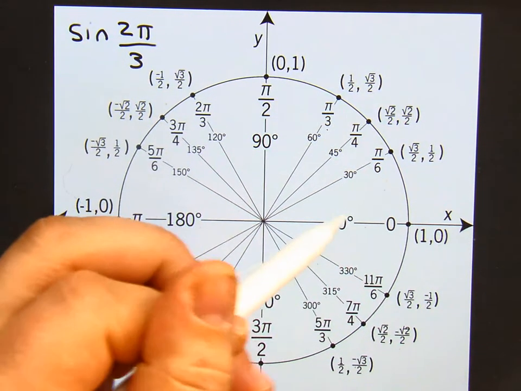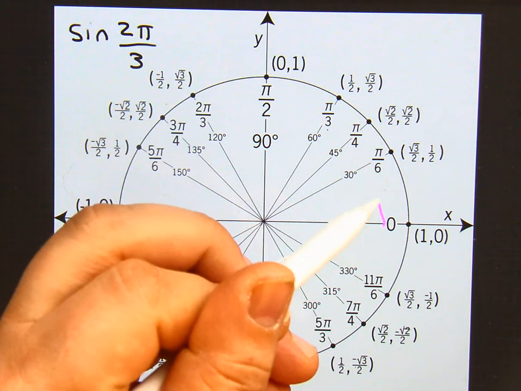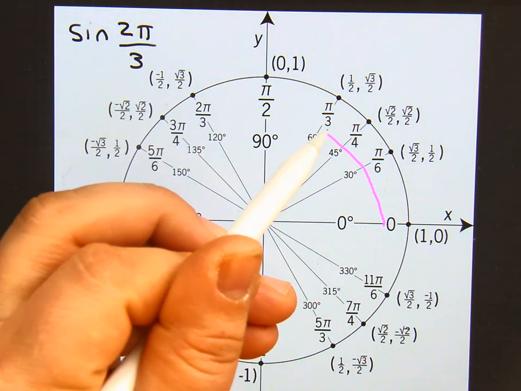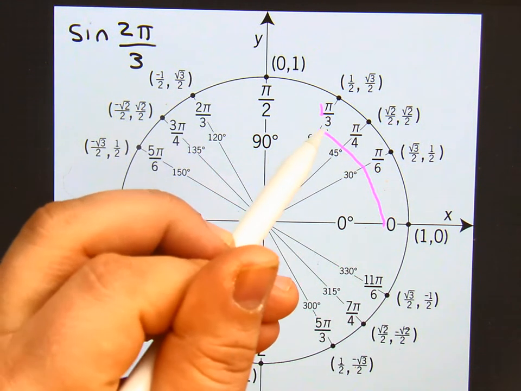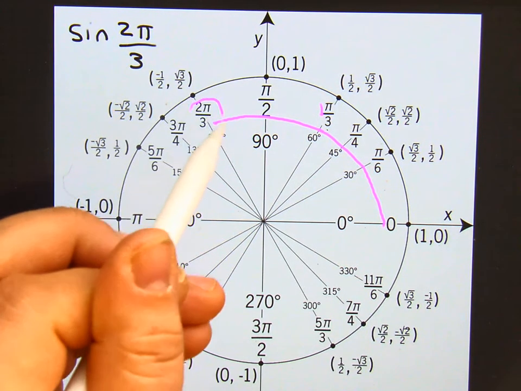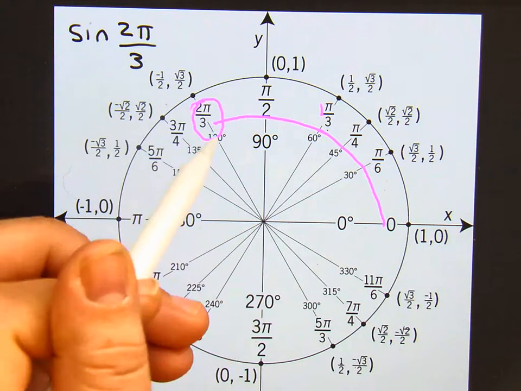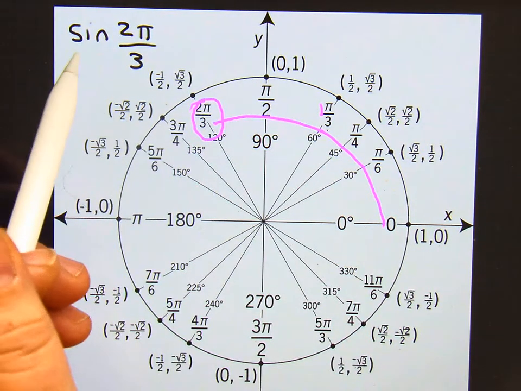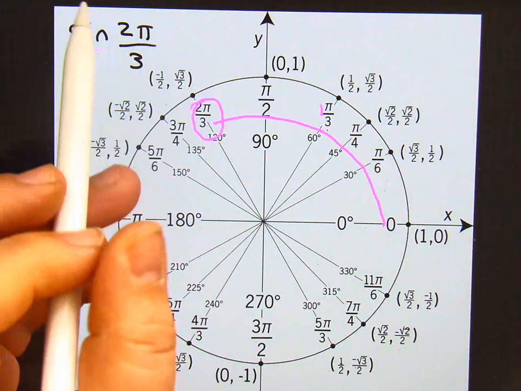So we're going to be starting here and moving around. There's 1/3, and around until we get to our 2/3 pi of our radian. Now we're looking at sine. That's the second bit of information.